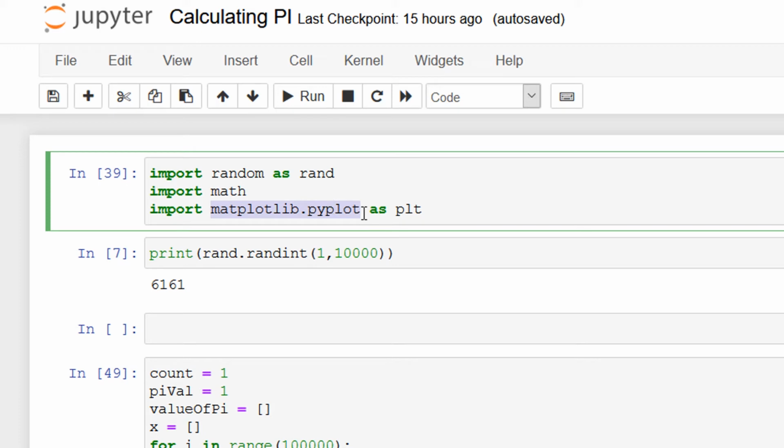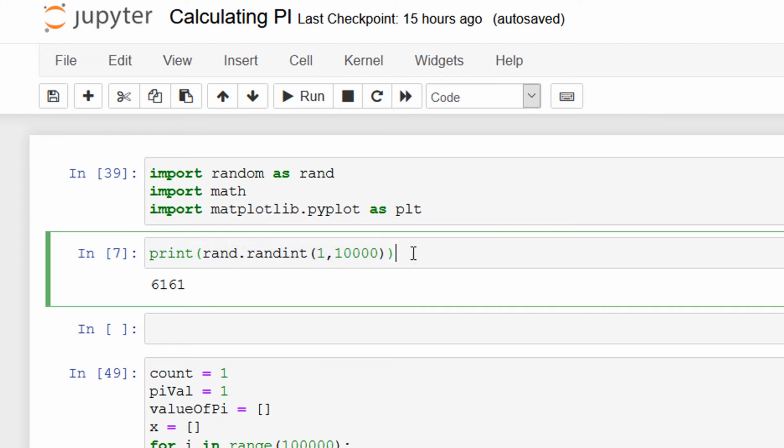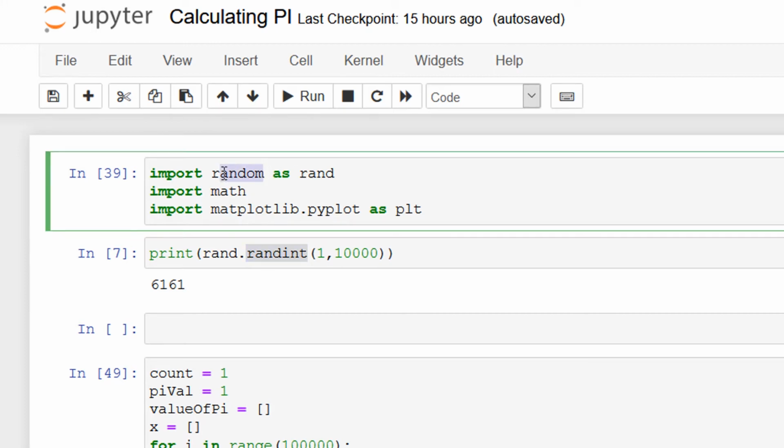I am including this to plot a graph, which I will show you at the end. And this is one example I used to generate a random number, using randint, which is included in the random library.